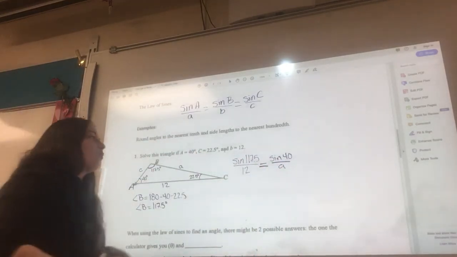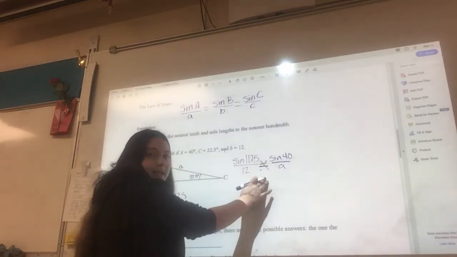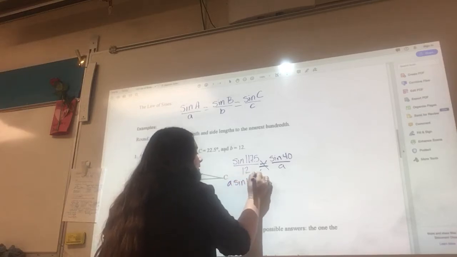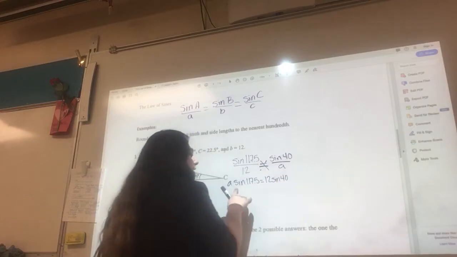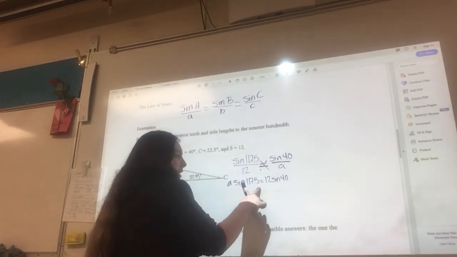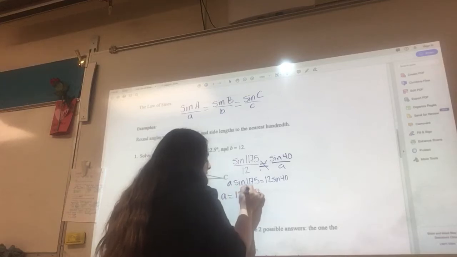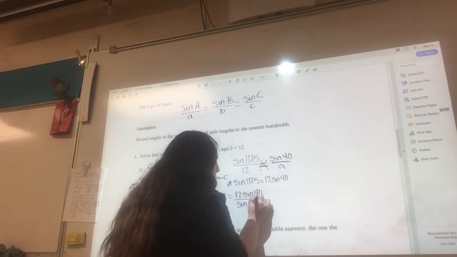We're just solving proportions, so we're going to cross multiply. We're going to see that a sine of 117.5 is going to equal 12 sine of 40. To get a by itself, I'm going to divide by sine 117.5. So we know that a equals 12 sine of 40 all over sine of 117.5.